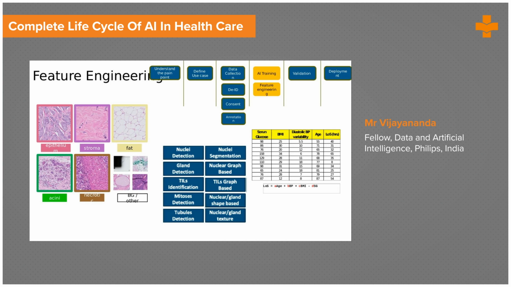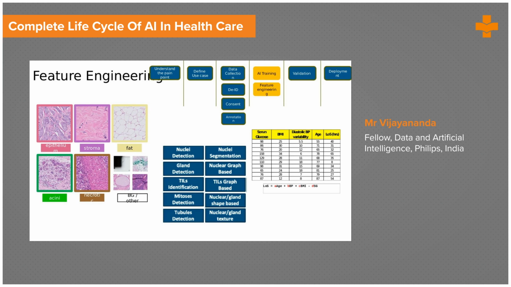It could be architecture of the cells, it could be the texture of the cells. There are so many aspects within each of these different features that could be helping us or the algorithm to identify and detect certain key aspects that we are targeting.